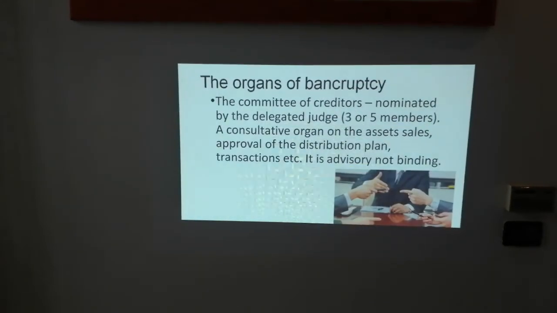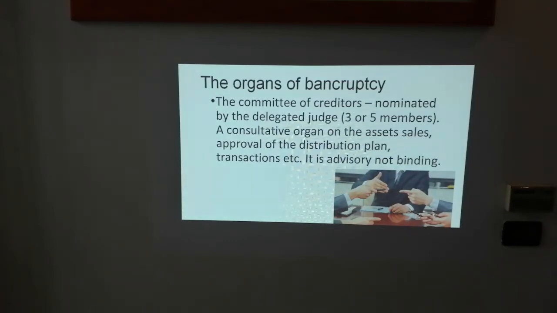So you've got him. And then there's the organ of the creditors, the committee of creditors, which is nominated by the delegated judge again, and they represent all the creditors. There are 3 or 5 members because you need a majority if there's a vote. You can't always have a majority with 4, for example.